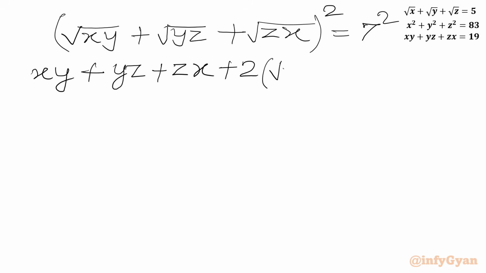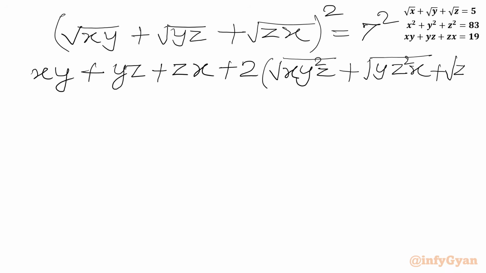We can write square root of x y square z, plus square root yz times square root zx. We can write square root of y z square x, and square root zx times square root xy. We can write square root of z x square y. And RHS would be 7 square, 49.